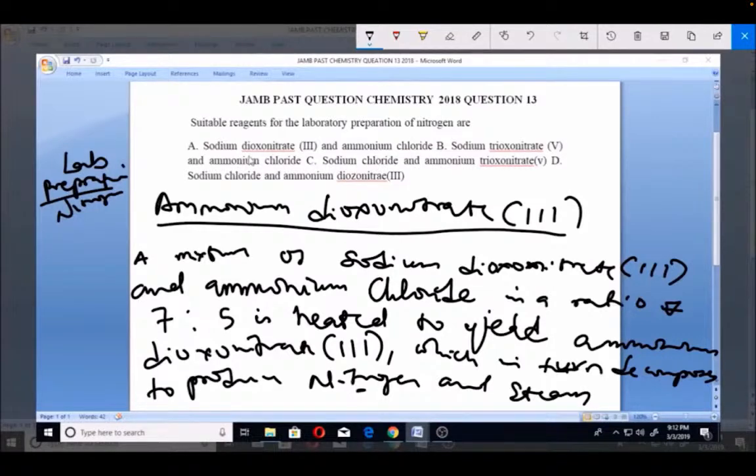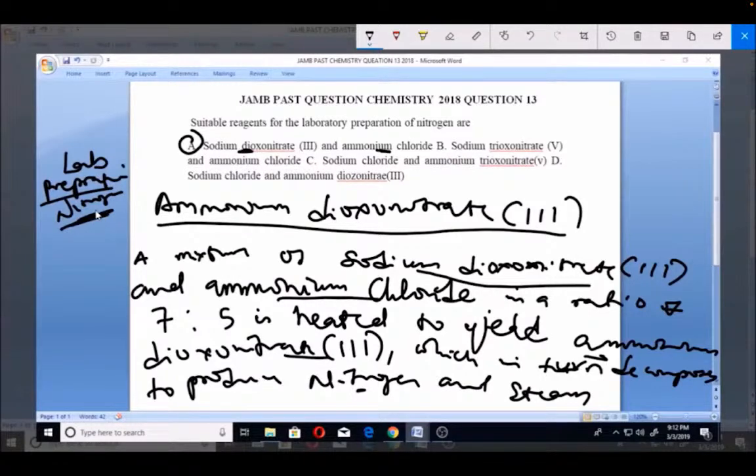So that makes option A the right answer, because the mixture of sodium dioxonitrate 3 and ammonium chloride in the ratio of 7:5 produces ammonium dioxonitrate 3, which decomposes to give nitrogen and steam. So that is the laboratory preparation of nitrogen, and you can find this under nitrogen and its compounds.